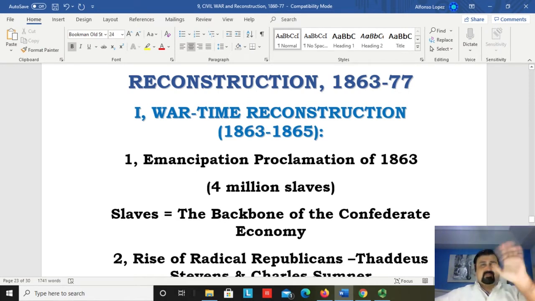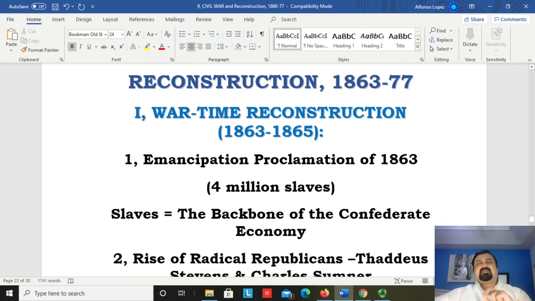By 1877, this process of Reconstruction was, quote unquote, completed, even though there were many pending, unfinished policies and unfinished business that remained. The process of Reconstruction was not totally completed as such, but it was now closed by 1877.